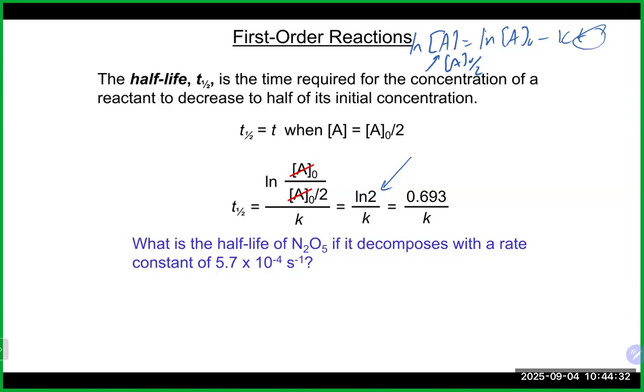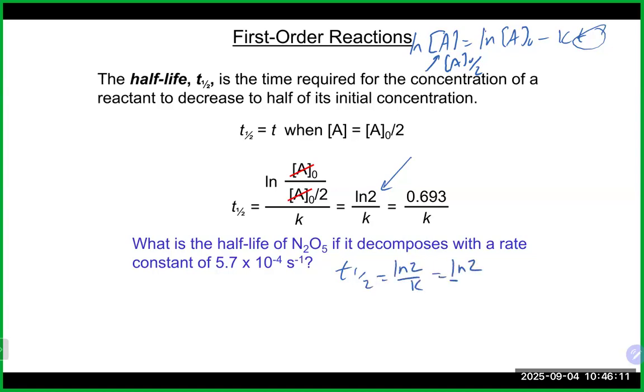All right, so what is the half-life here of our N2O5 if it decomposes with a rate constant of 5.7 times 10 to the minus 4? Okay, so putting this in, we have our half-life equals the natural log of 2 divided by our rate constant.